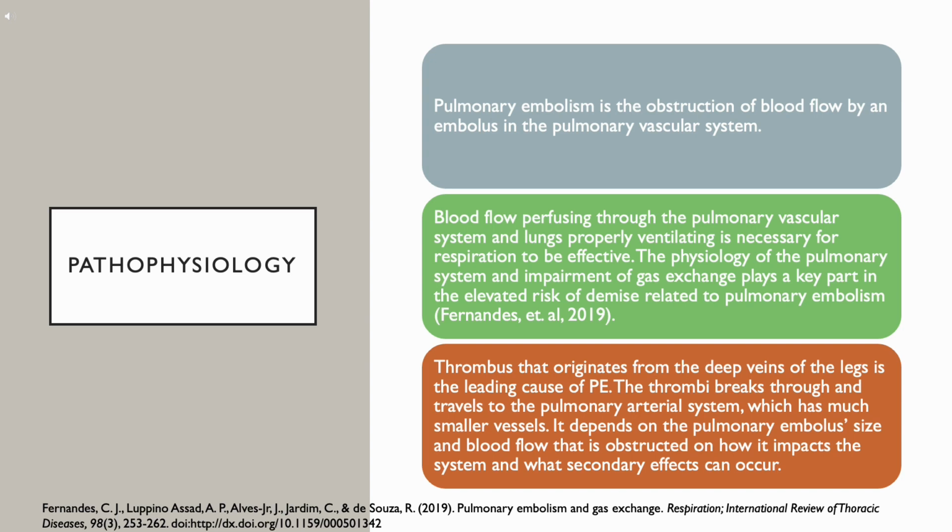The thrombi breaks through and travels to the pulmonary arterial system, which has much smaller vessels. It depends on the pulmonary embolus's size and where it goes in regards to the obstruction of blood flow and how it impacts the system and other secondary effects that can occur.